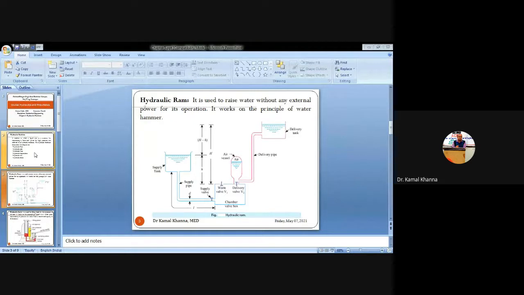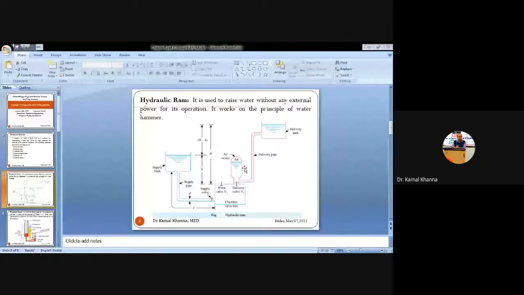This is called the inverted air vessel, which is connected at one end to the chamber valve box and at the other to the delivery pipe, and the high pressure air is filled here. With the help of this mechanism, we transport the water from one level to the other. So this hydraulic ram works on the principle of water hammering or water hammer, that is the hammer blow.